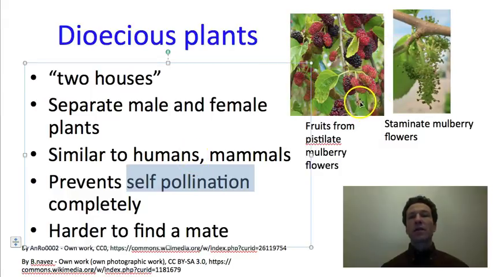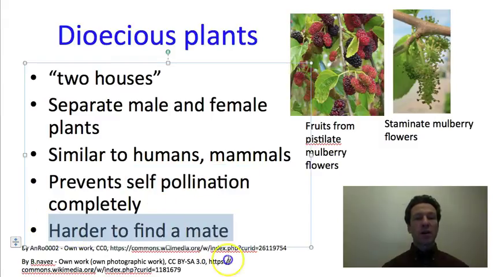And so that is an advantage for genetic diversity, but it does mean that either wind pollination has to happen or there have to be pollinators available to move pollen from the males to the females. In other words, for dioecious plants, it can be harder to find a mate.